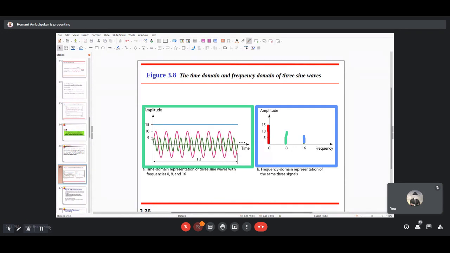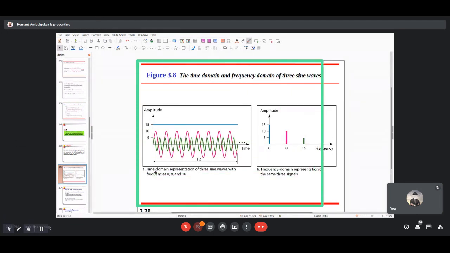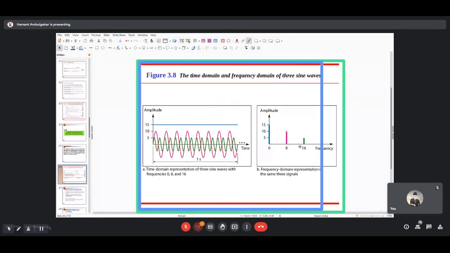And then the green sine wave. How many cycles are there for the green sine wave? 16, right? So look at the representation in figure A and figure B. In figure B, we have plotted all the sine waves.